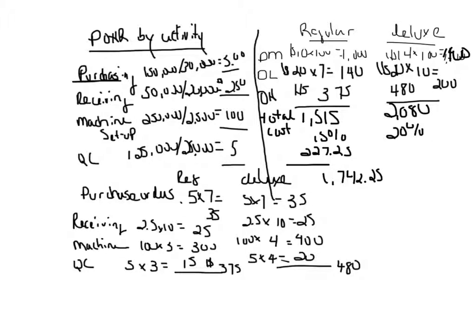So all we did, we took the costs, then we've got this markup. The markup is what the sales price is. So if you think about it on an income statement, the sales price would be a revenue that they got from the regular pillows, 1,742.25, and their cost of goods sold.